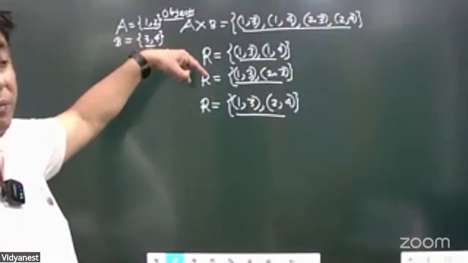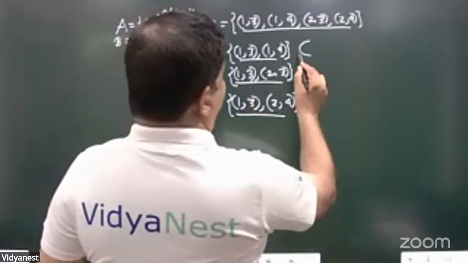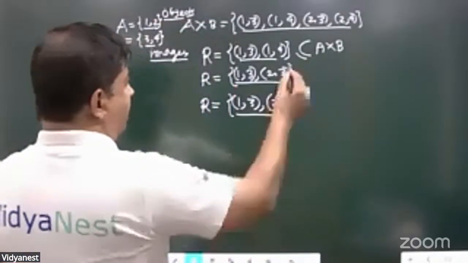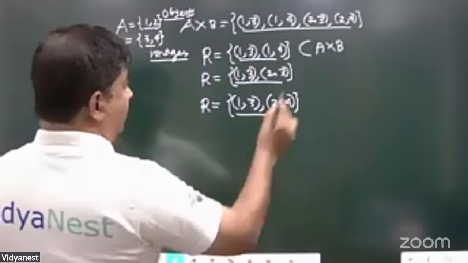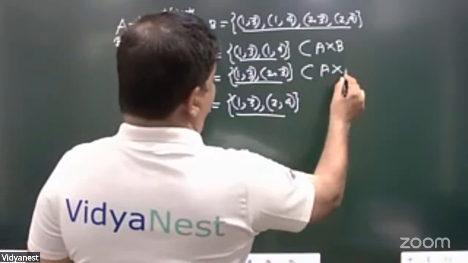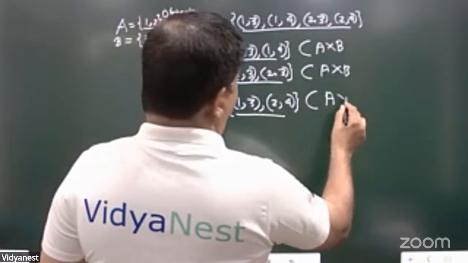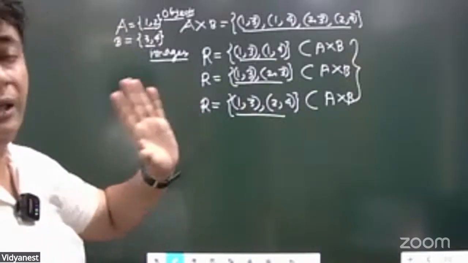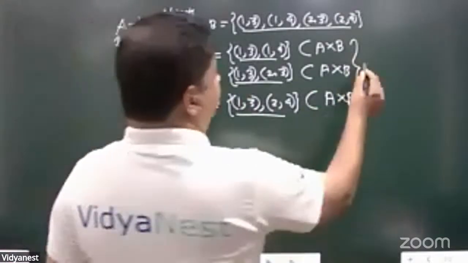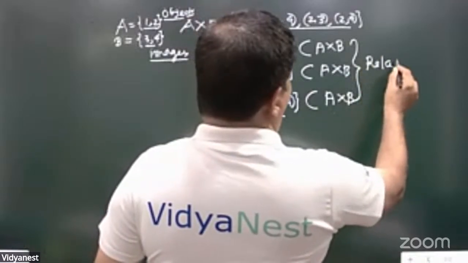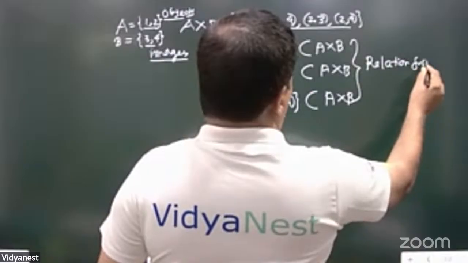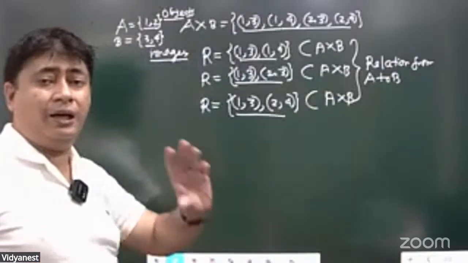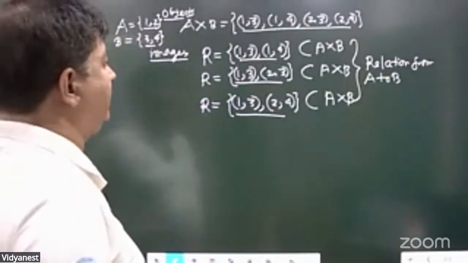Yes sir, each of these R is a subset of A cross B. So all these are relations from A to B.